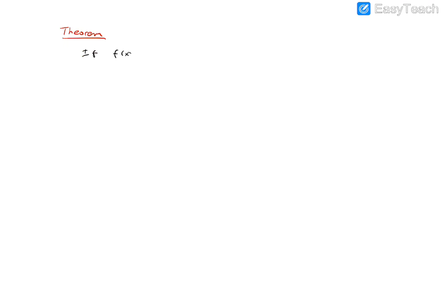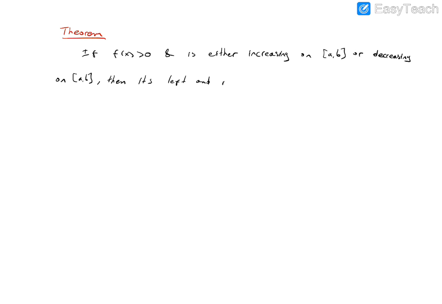If f of x is bigger than 0 and if it is either increasing on the interval AB or decreasing on the interval AB, then its left and right sums approach the same real number when n goes to infinity. The number of subintervals goes to infinity.